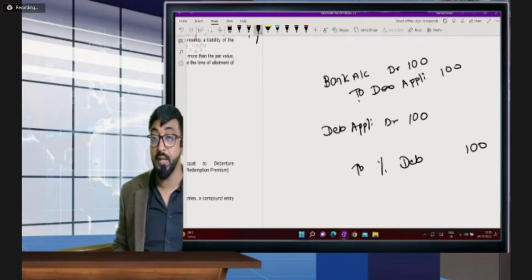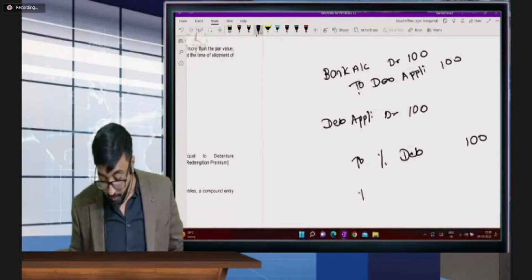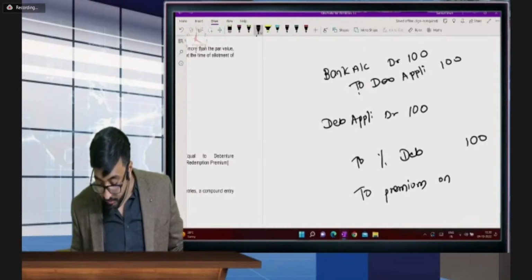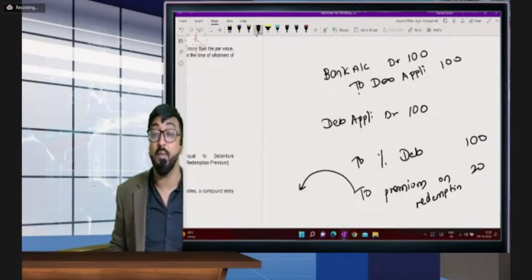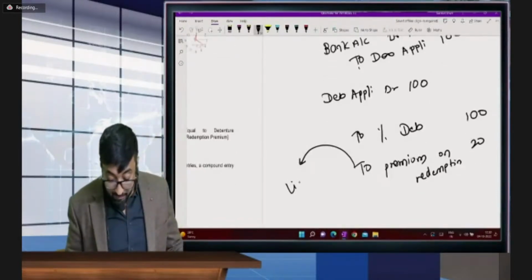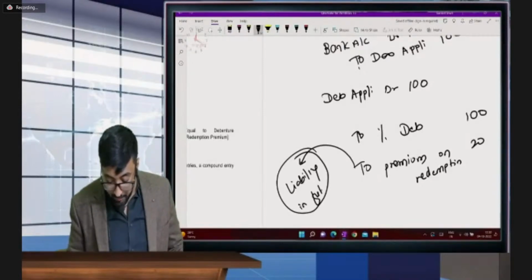Sir, but we are paying 20 rupees extra. When you are paying premium on redemption, the 20 rupees extra, the excess amount on redemption, is your liability. In future, liability has a credit balance.